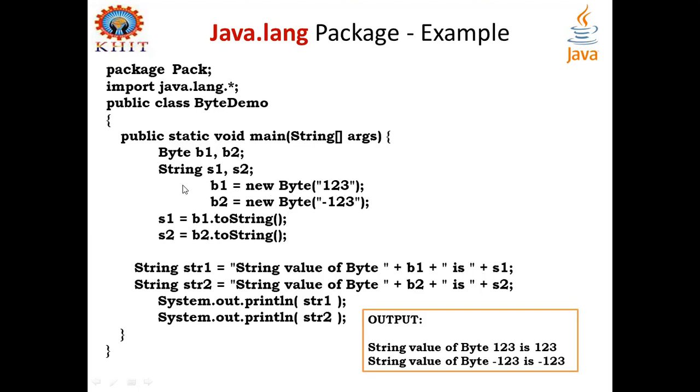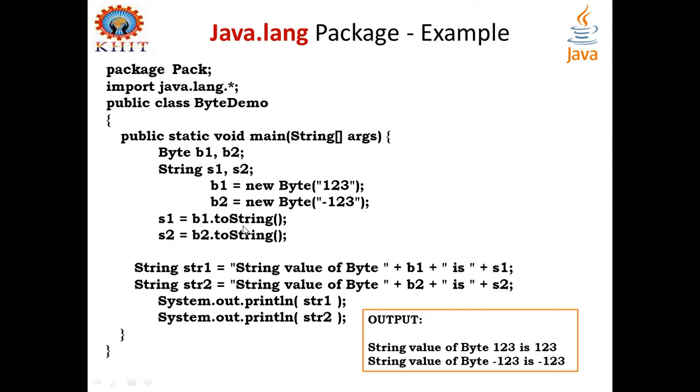I'm taking a string reference here, and I'm using the function toString. It means this value is converted into a string. Now b1 is holding the value 1, 2, 3.